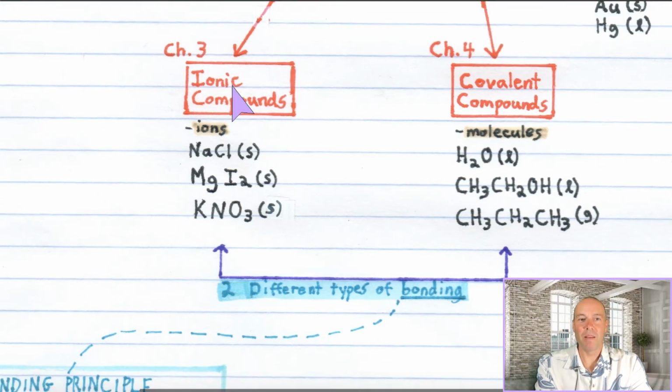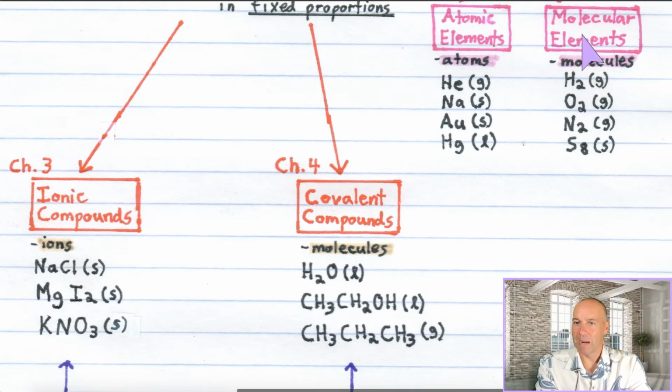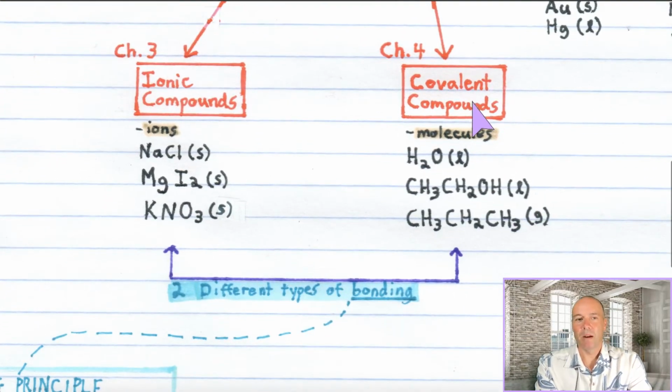Now, ionic compounds are made of particles called ions, and covalent compounds are made of particles called molecules. We did just mention molecules when we discussed the molecular elements, but let's talk about what they are in a little bit more detail. What distinguishes ionic compounds and covalent compounds is not only the particles that they're made of, but the type of bonding that holds the elements together.